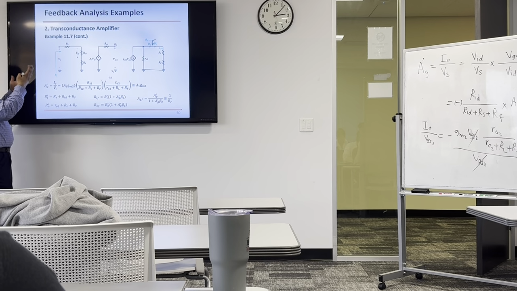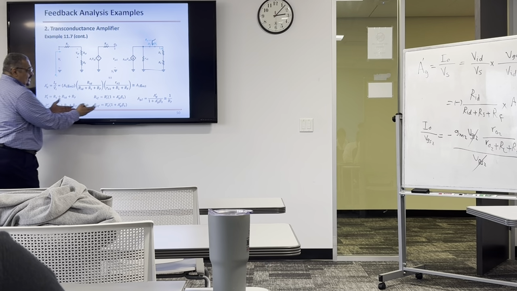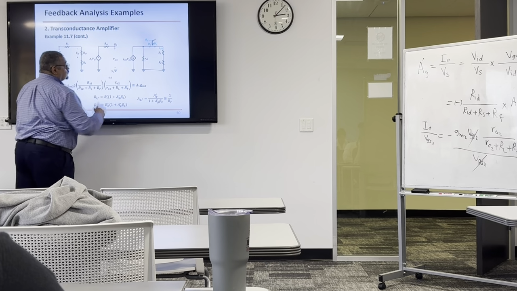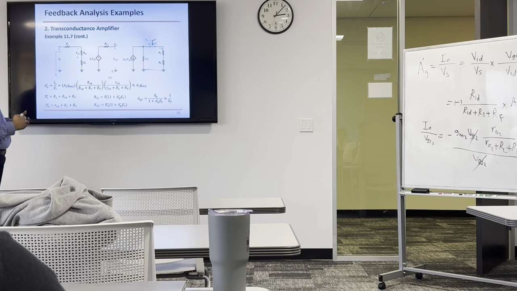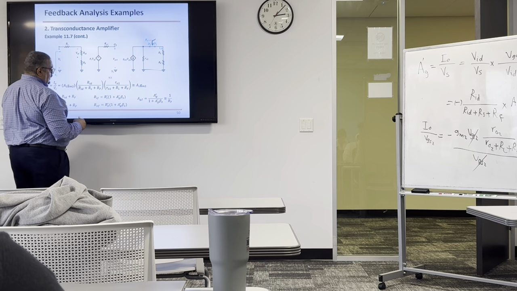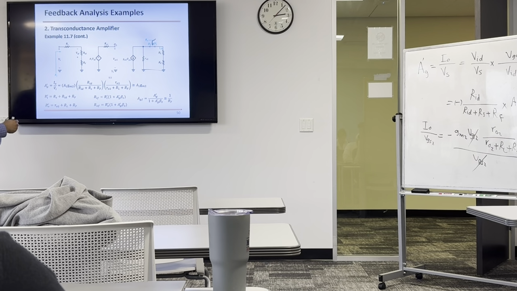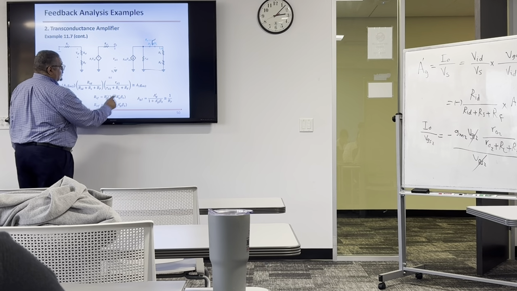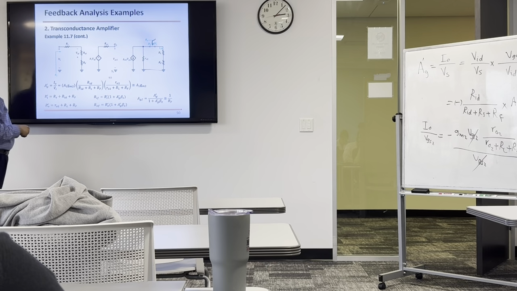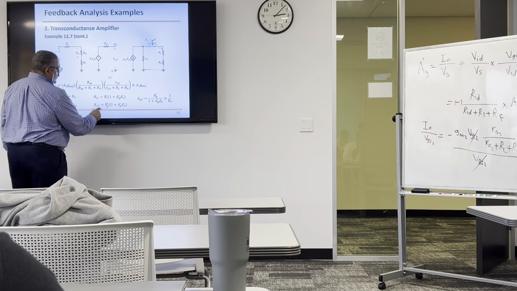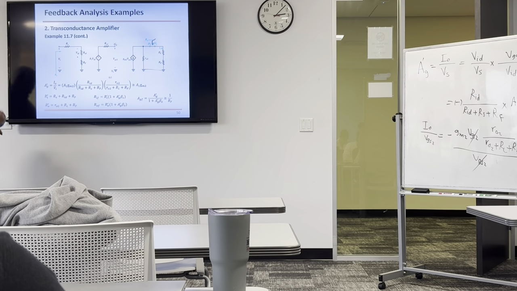So it increases the resistance seen by the voltage, and this is a current sensing thing. So it is increased as well, right? So on this side, because it's in series, it's RO prime times 1 plus A times beta.